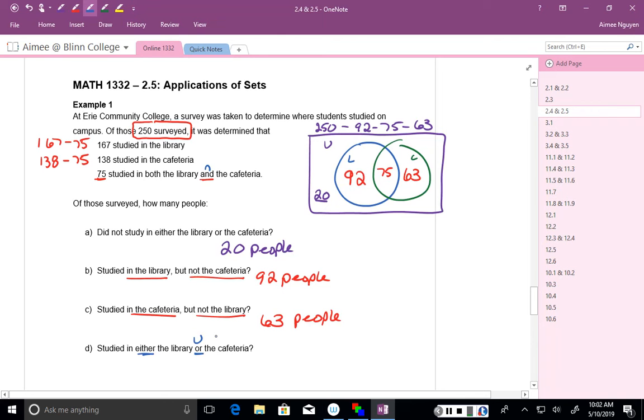So that means I want anybody in L or anybody in C. So all of the stuff from L, all of the stuff from C, not counting the overlap twice, right? So basically to do this, I'm just going to take the 92 plus the 75 plus the 63. And when I do that, I end up with 230 people.